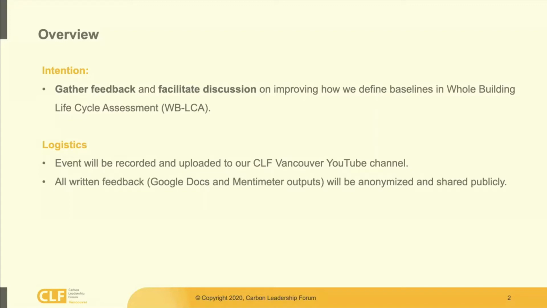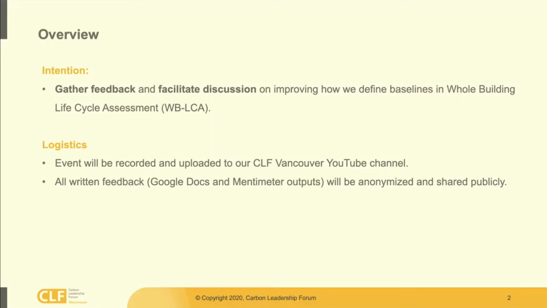Part of the reason is that this is a topic a lot of people have quite a bit of interest in, and they're wondering what different perspectives people within the industry have on it. This will be important in the context of regulations relating to embodied carbon. For example, the City of Vancouver has an embodied carbon policy targeting a 40% reduction in embodied carbon by 2030 relative to a 2018 baseline.